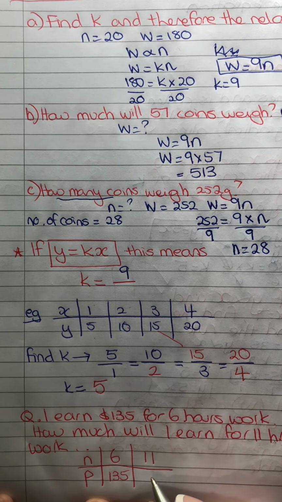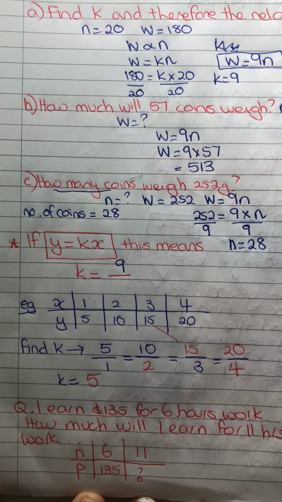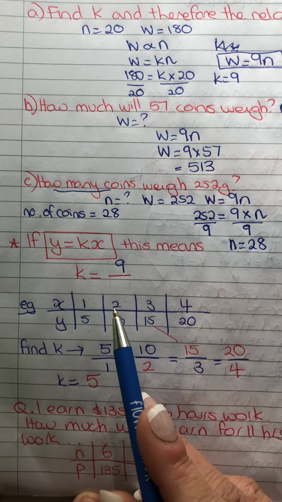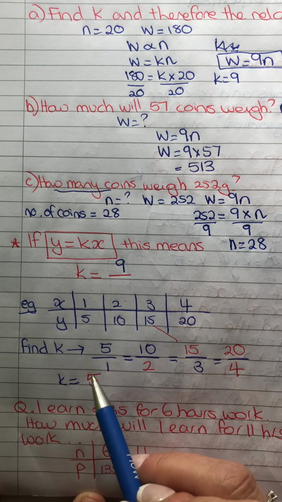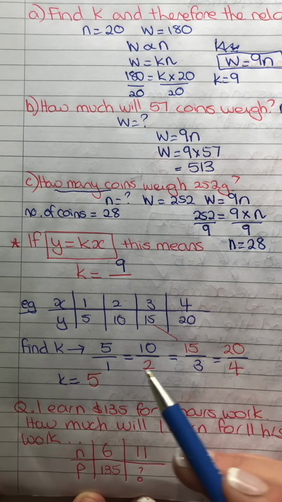So this time we're going to put 11 in there, and we don't know what that part is. But we're going to use the information that we've found up here. So how can we find k from a table? What did we do up here? We went the y value divided by the x, and that gave us k. We could have done it anywhere. 15 divided by 3 is 5.